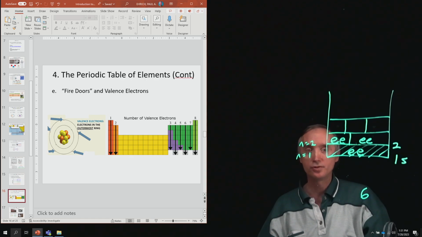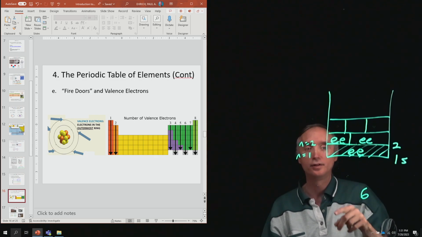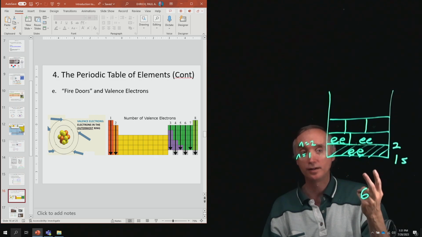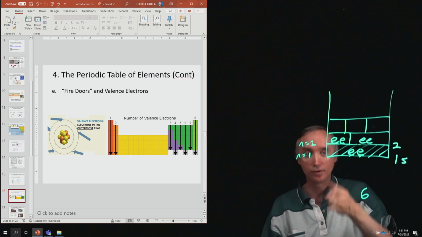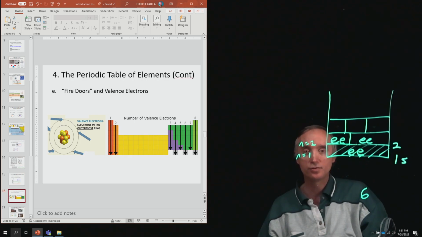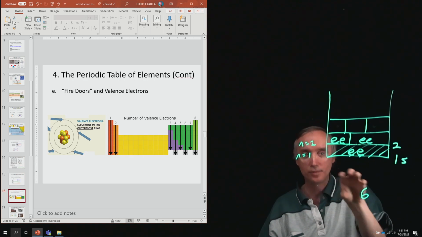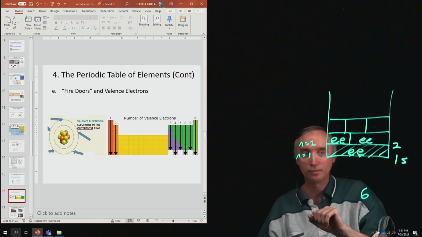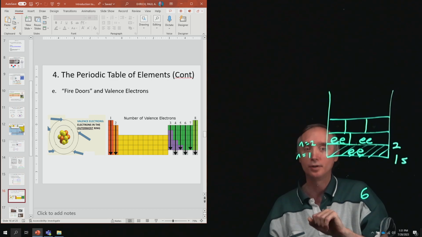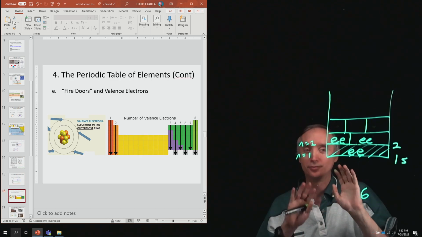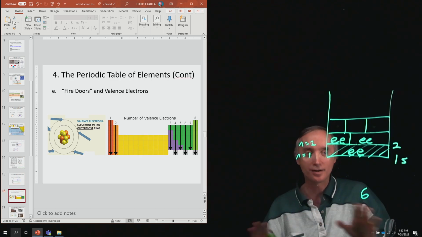In column 2, you have 2 valence electrons. Every one of those elements has 2 outer electrons. And now you skip the yellow part, and now you're saying why? And I'm saying because, all right? We'll get to it later. We're not concerned about the yellow part at all.